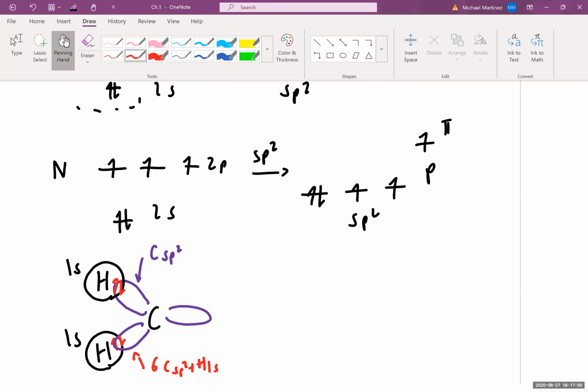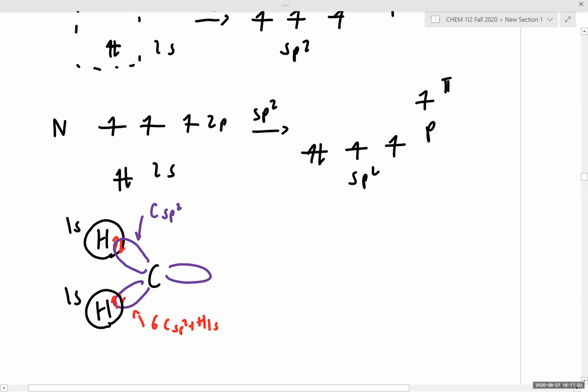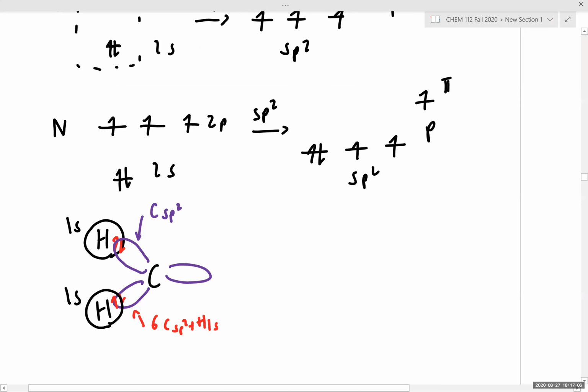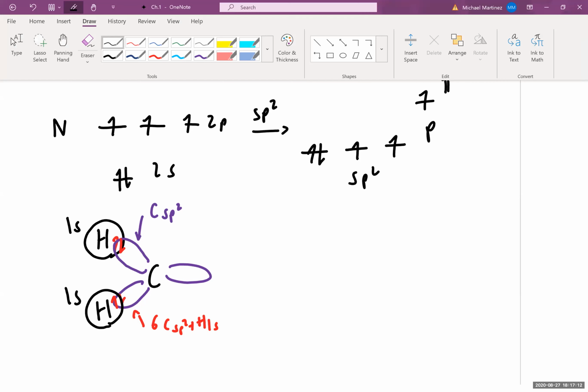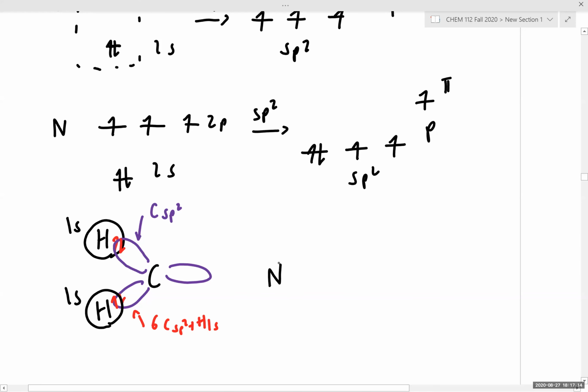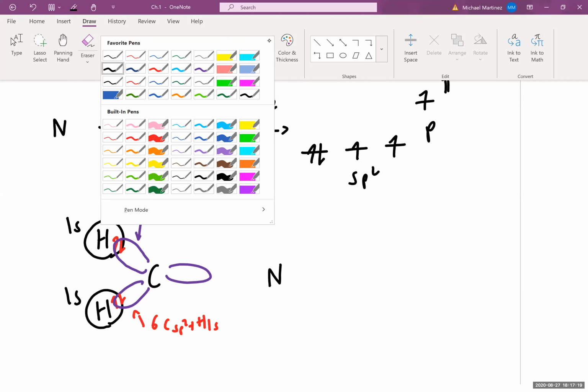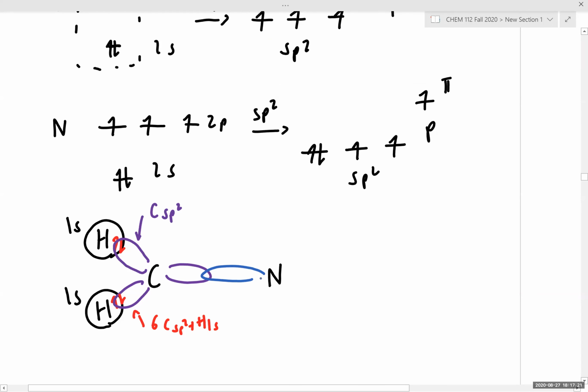Both of these bonds are sigma bonds containing a carbon sp2 orbital and a hydrogen 1s orbital. So we've set up the first part for our carbon atom bonding arrangement. Looking at nitrogen now, we're going to draw out its hybrid orbitals. Nitrogen has 3 sp2 orbitals: 1, 2, 3.